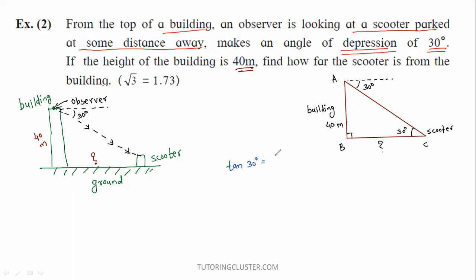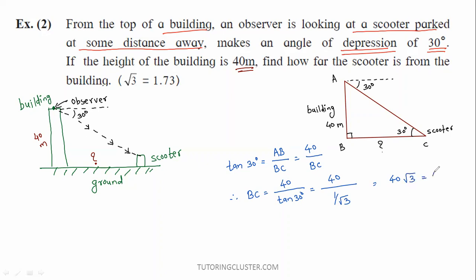Opposite side upon adjacent side. What is AB? 40. BC is unknown. So BC will be 40 divided by tan 30 degree. What is tan 30? 1 upon root 3. So 40 root 3.